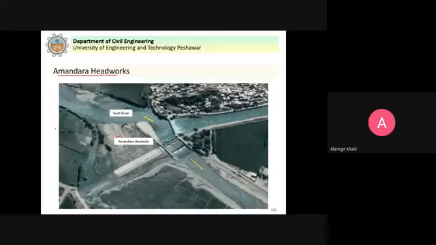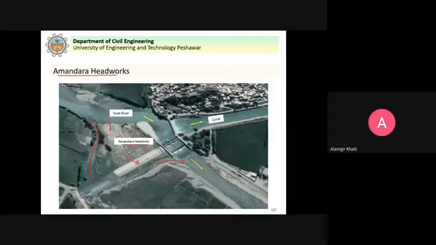So from this headworks you can see here this is the canal head regulator, and the water is diverted into this canal. This is the flood plain. You can see the water also flows here. It can flow similarly during flood. The water can flow here, and it can again join the river here. So this is Amandara headworks.